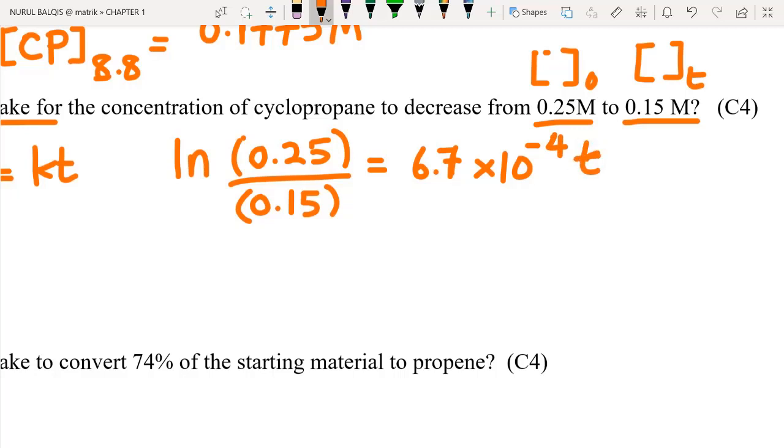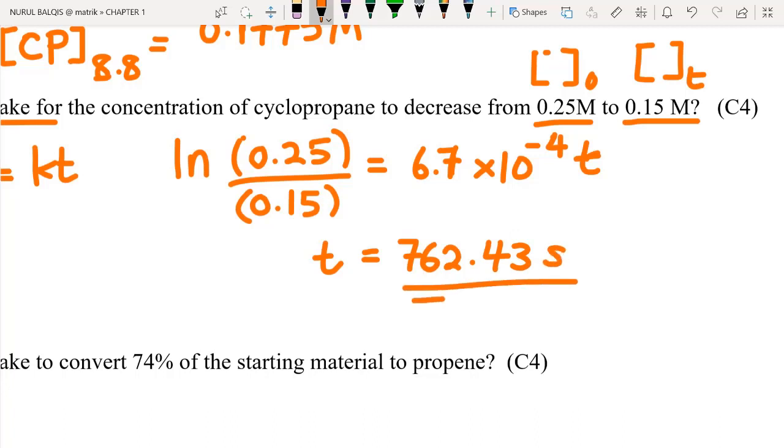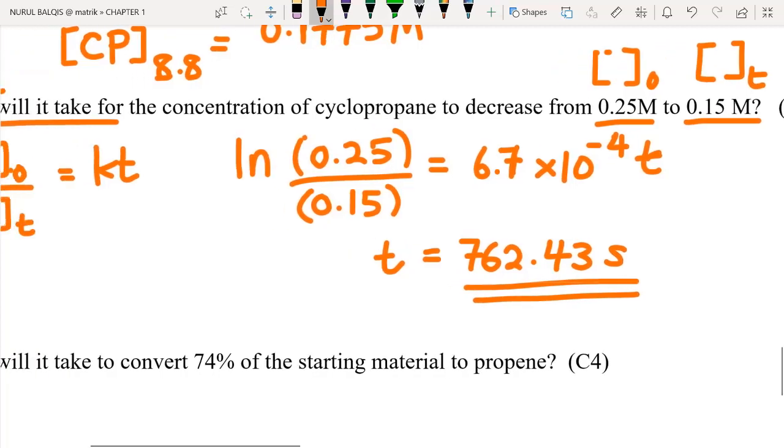Alright, so we want to find the time taken here. Once we put all these values into the calculator, we're going to get 762.43 seconds. So this is your final answer for this question B.